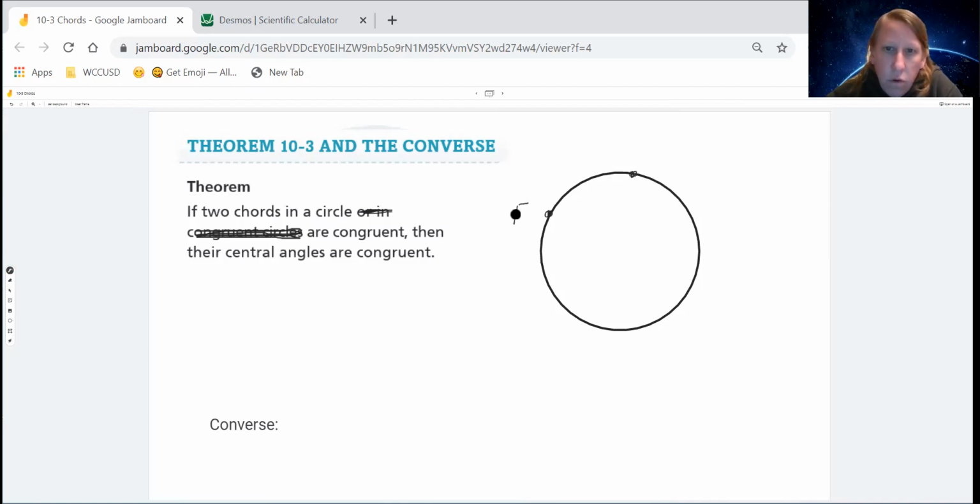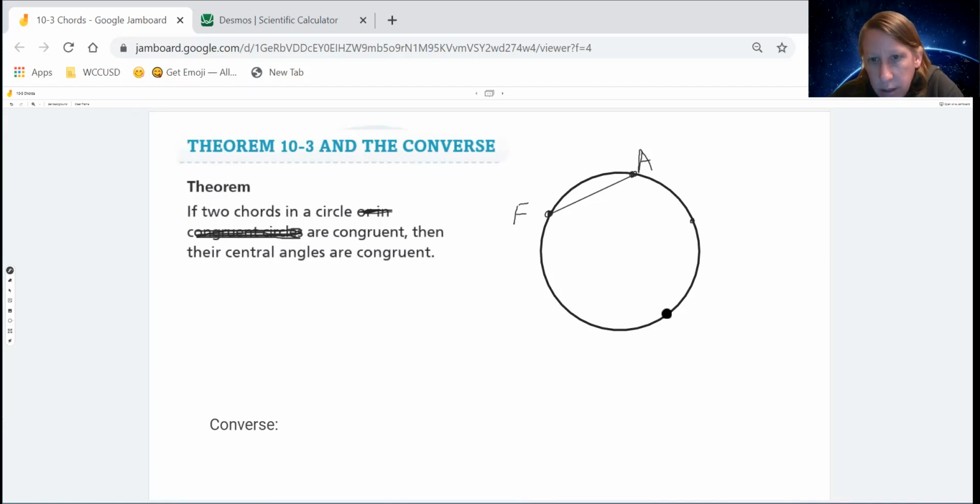We'll go chord FA. Kind of close to the edge of the circle, so it's a lot shorter than a diameter. And I'm going to say we want two chords in a circle that are congruent. So I'll do one over here, kind of the same distance out.